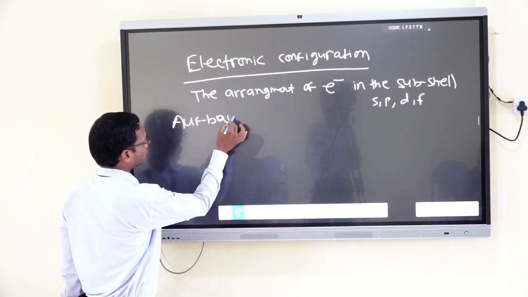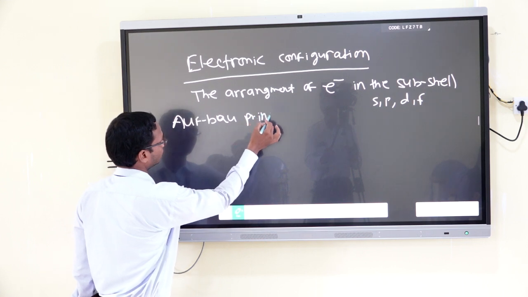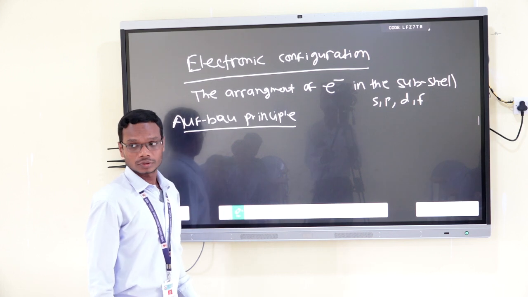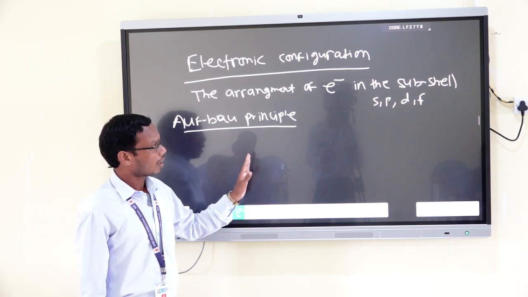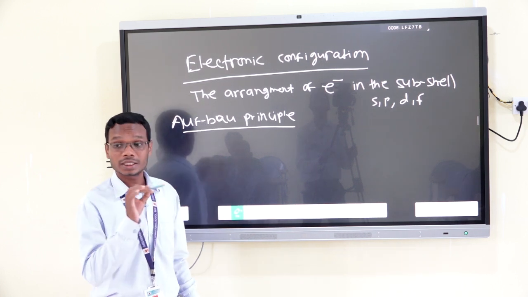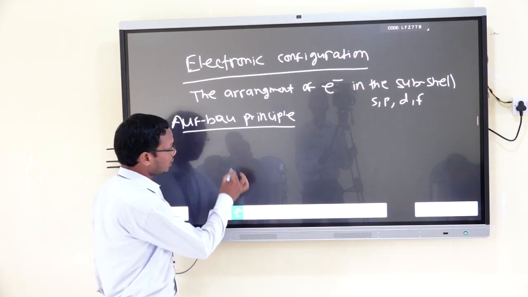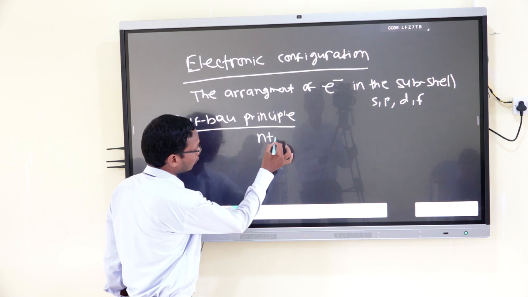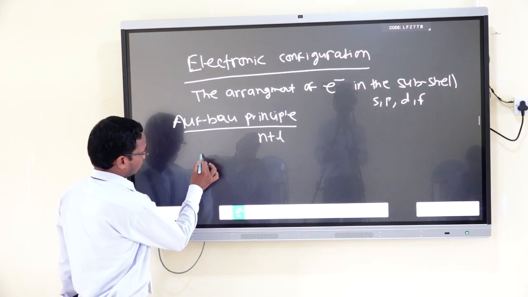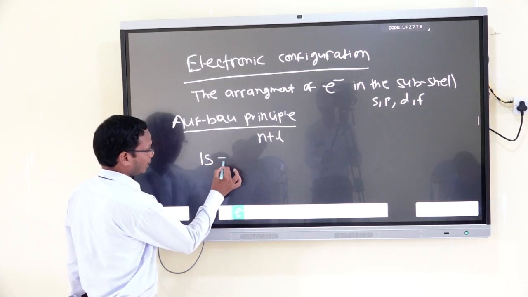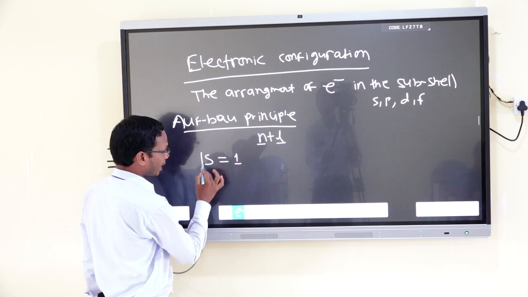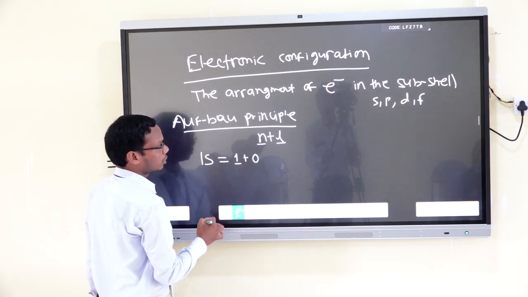Aufbau principle. According to this principle, the orbitals are filled, or electrons are filled, in increasing order of their energy. The energy is represented by the n plus l formula. Suppose 1s. For 1s, the n plus l value is 1 and 0. Why?